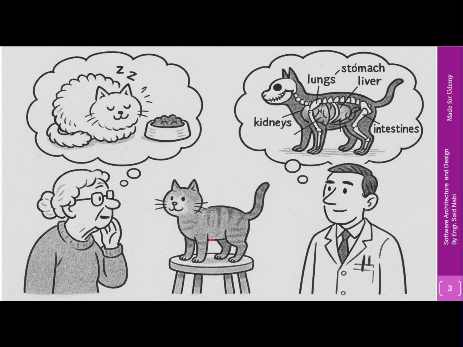So one cat can have different abstractions, depending upon the context. For this woman, this is a normal cat. For this doctor, this cat has these body parts, and it might have something wrong in some part, so the doctor has to fix that.